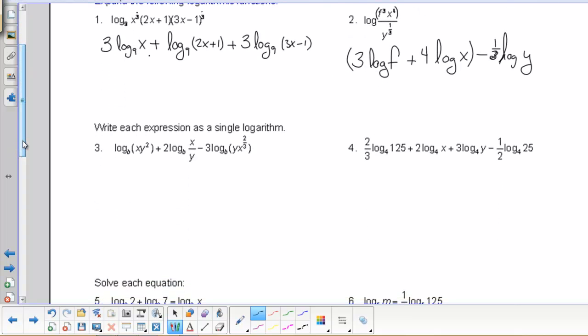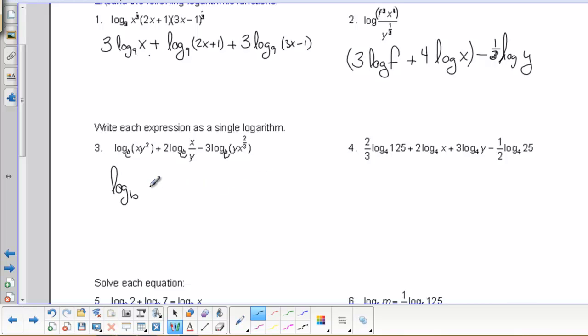Alright, in question number 3 we'll be condensing. So we've got a pretty complicated network of variables and exponents here, so let's just see how this is working out. So when we're condensing, we're going to move all of these things back together by using appropriate properties of logarithms. So we'll start with log base b. Since they all have the same base, we do not have to write multiple numbers here.